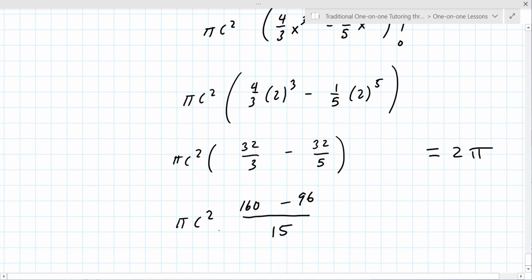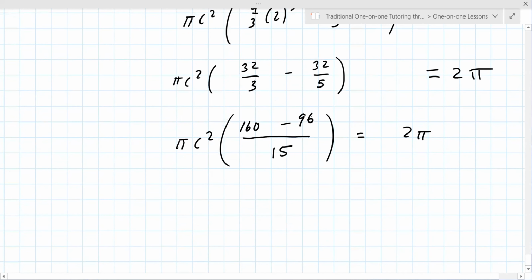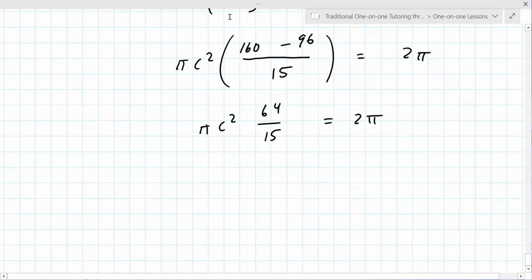Pi C squared is 2 pi. So this part inside here is 64 over 15. Pi C squared equals 2 pi. Okay, the pi's cancel, just divide them out. You multiply by the reciprocals, you get C squared equals 30 over 64.